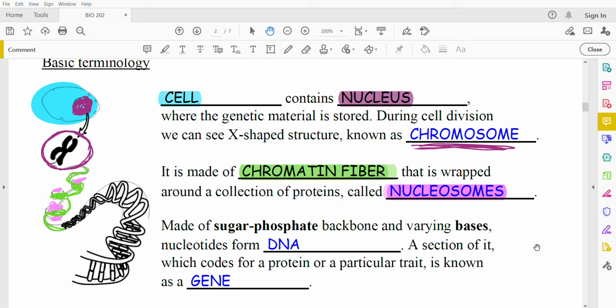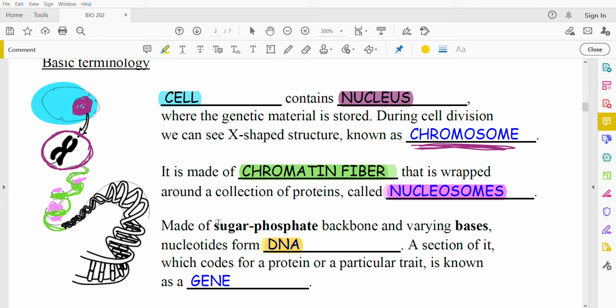If we look at the chromatin fiber closer, we will notice that chromatin fiber is our DNA. DNA is made of molecules that contain sugar-phosphate.